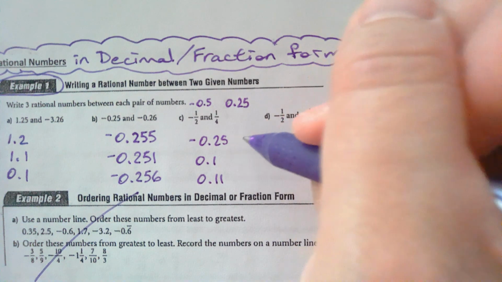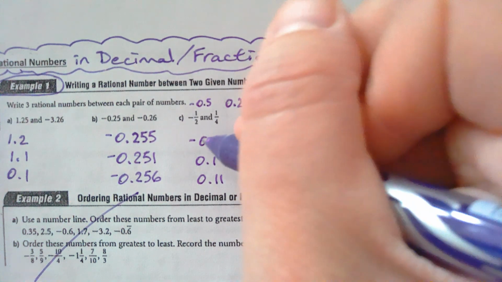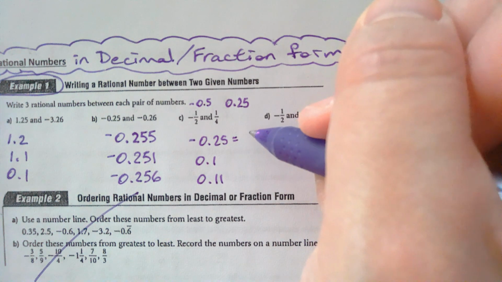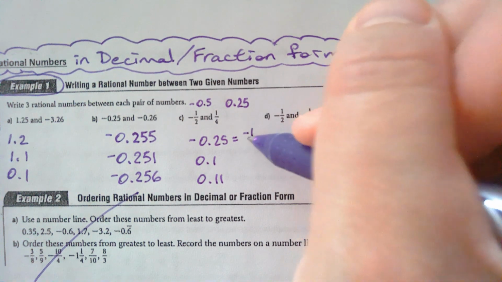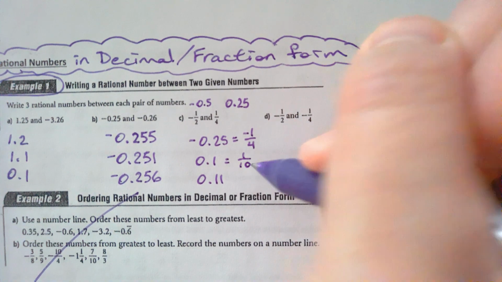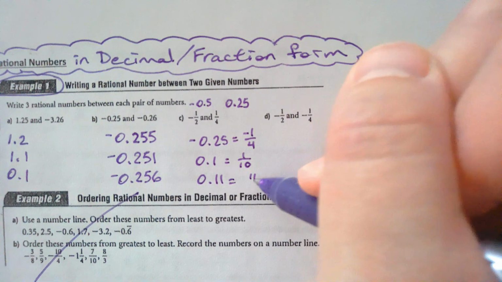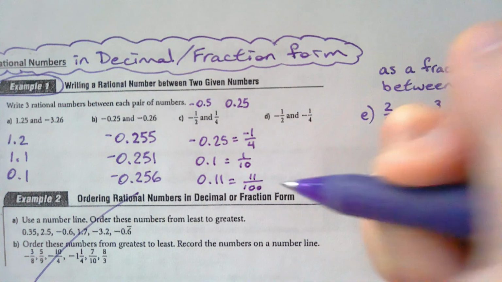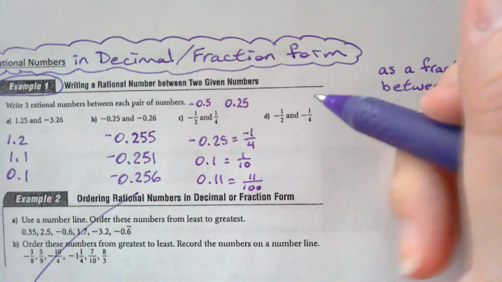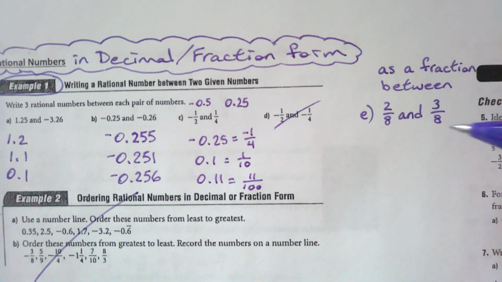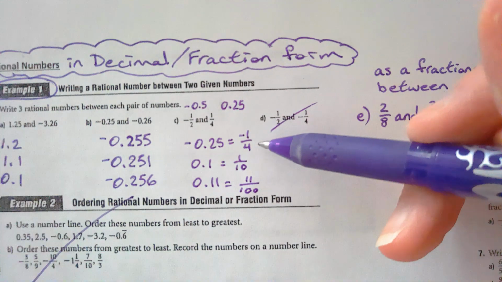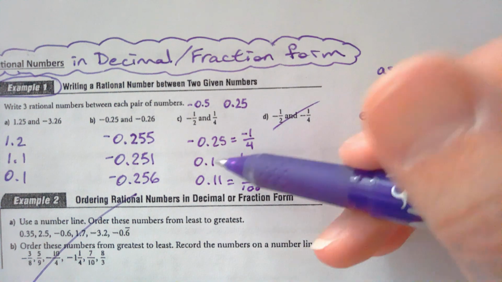And if I want, what is negative 0.25 as a fraction? 1/4, right? And then this would be 1/10, and this would be 11/100. Okay. This same thing. You don't need to worry about that. But here, these numbers, I can easily change from a decimal to a fraction.